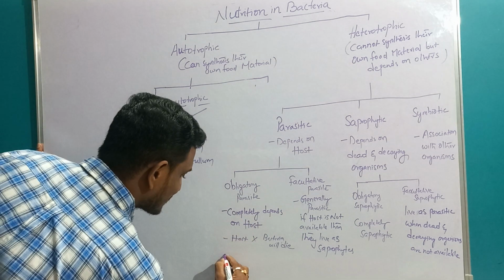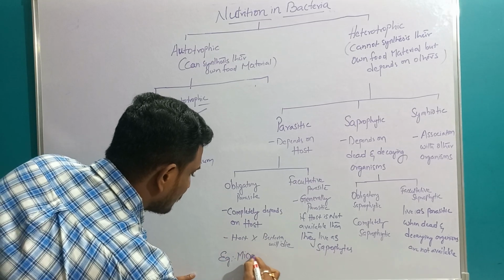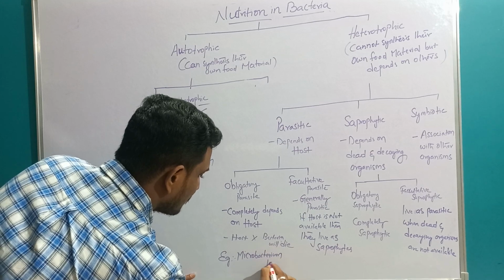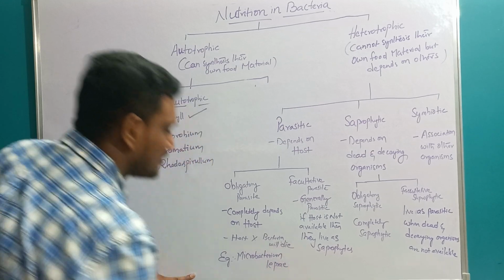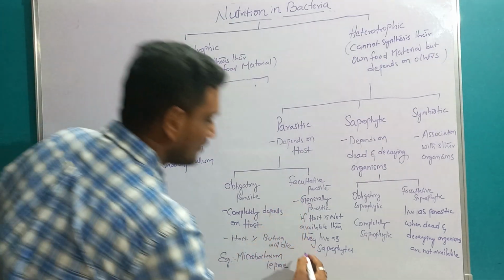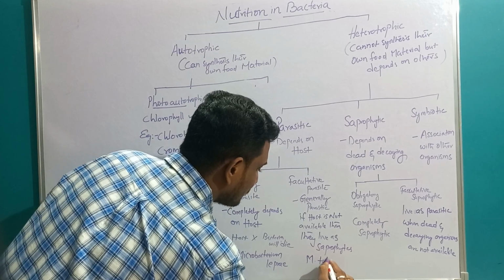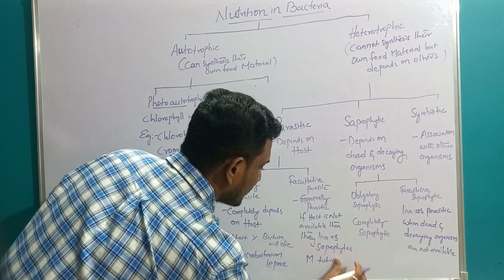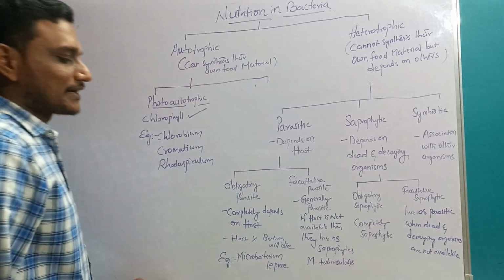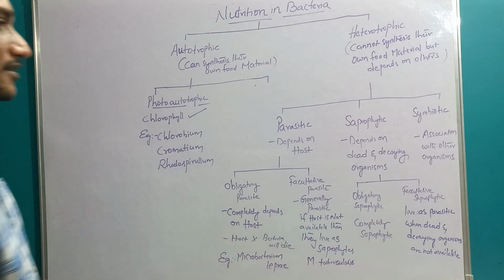Obligatory parasitic example: Mycobacterium leprae, which causes leprosy disease in man. Facultative example: Mycobacterium tuberculosis, which causes TB disease.